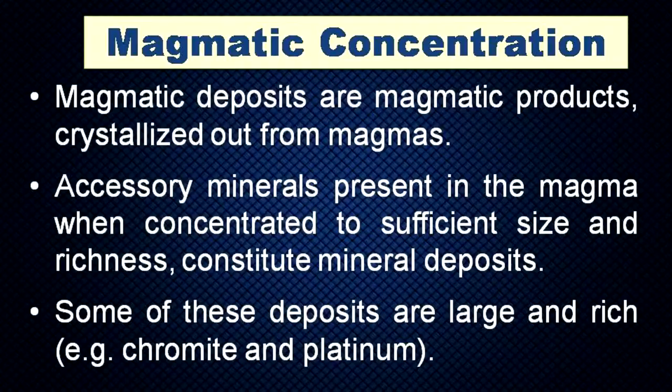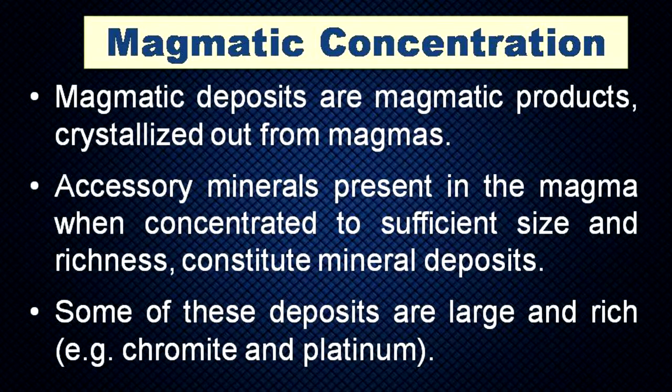Magmatic concentration: how magmatic processes are held responsible for the concentration of valuable elements and for the formation of ore deposits. Magmatic ore deposits are basically products of magmatic processes.